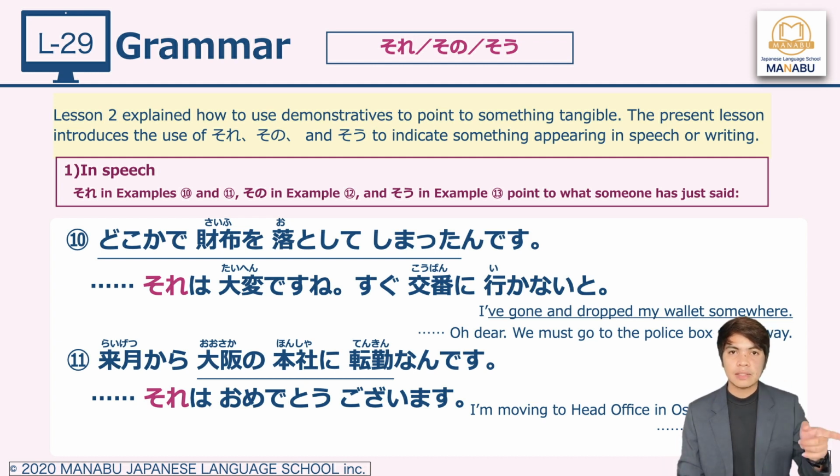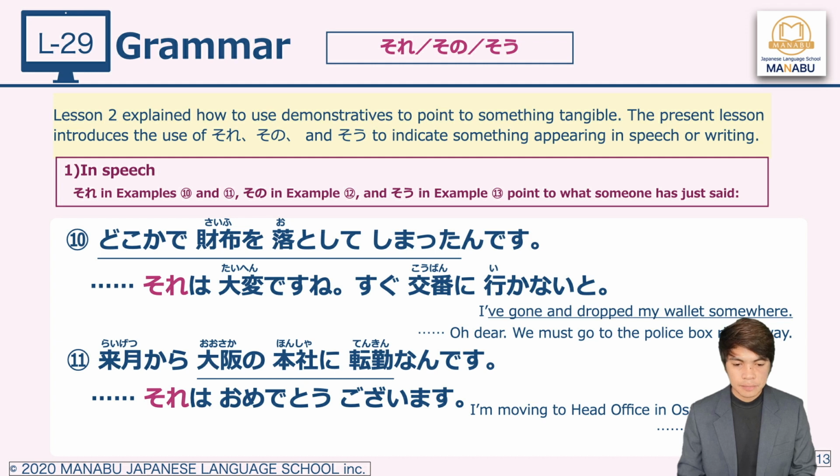So to point out what someone has said, or what is written in a text. For example, in speech, sore in example number 10 and 11, sono in example number 12, and so in example number 13 point to what someone has said.